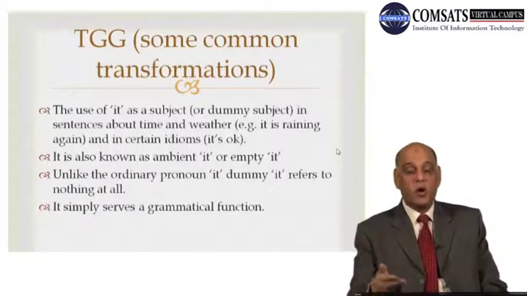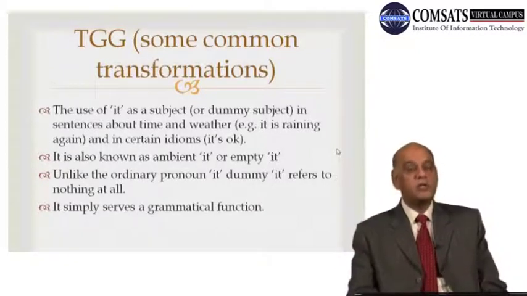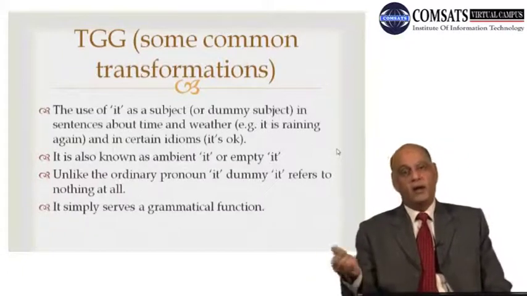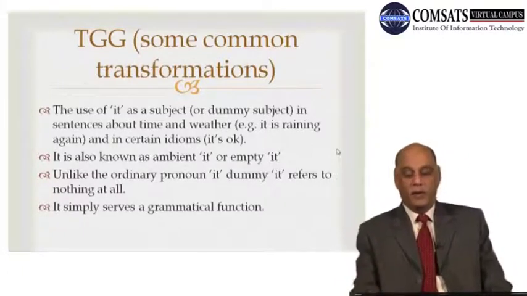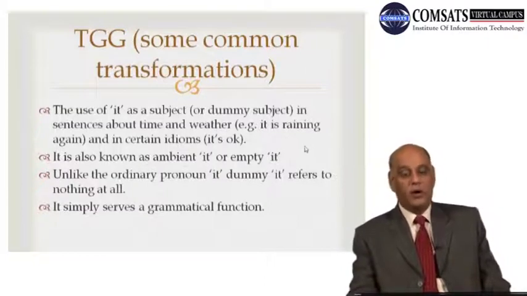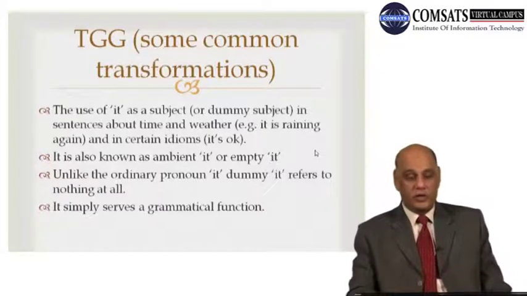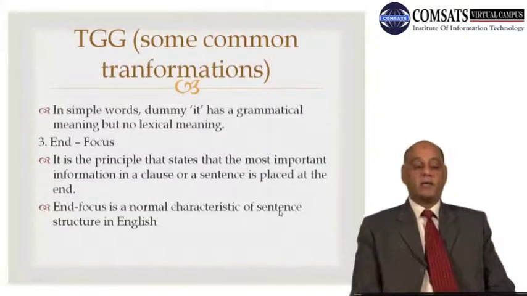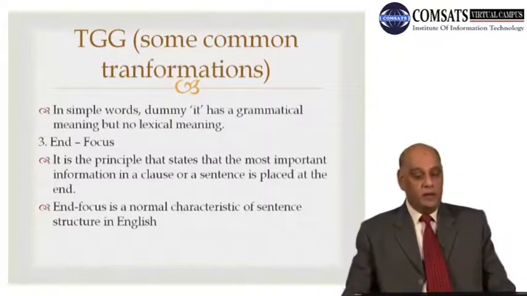So this is called extraposition, when the actual subject is put at the end and you're introducing a dummy it or dummy subject at the start of the sentence to complete a grammatical structure. In simple words, dummy it has a grammatical meaning but no lexical meaning.